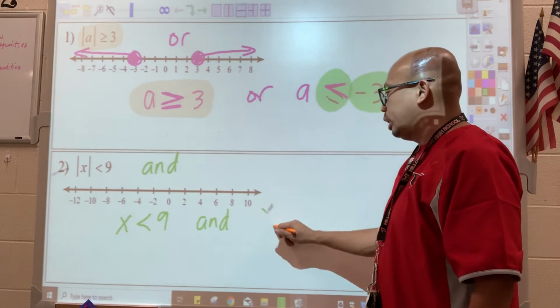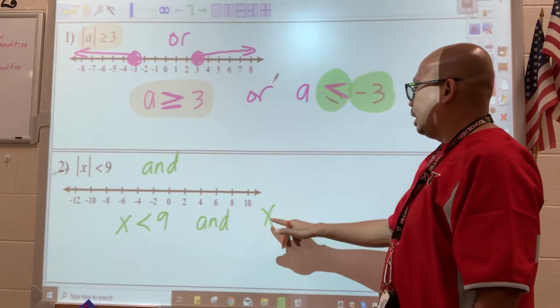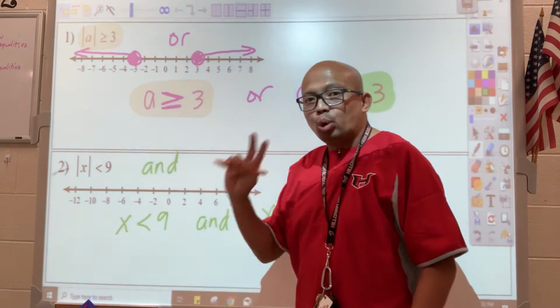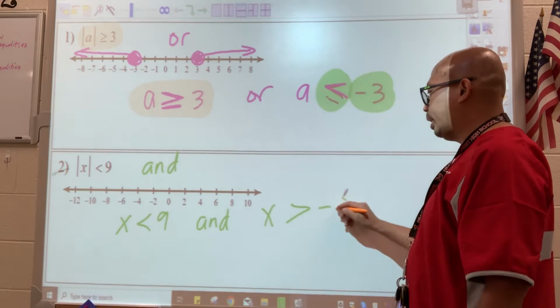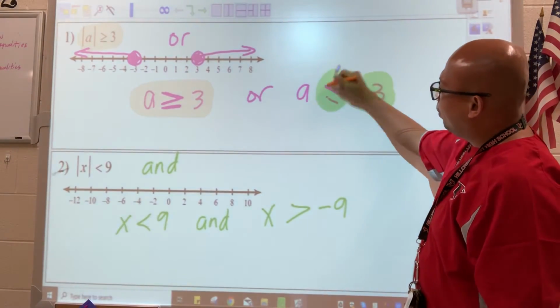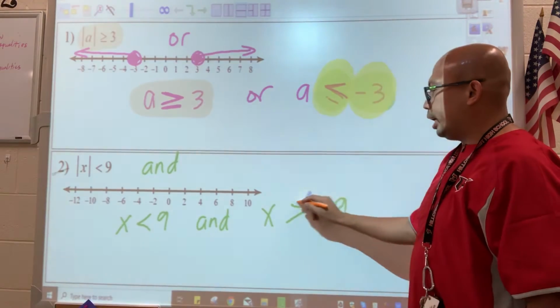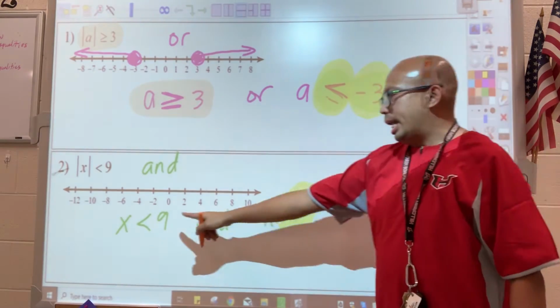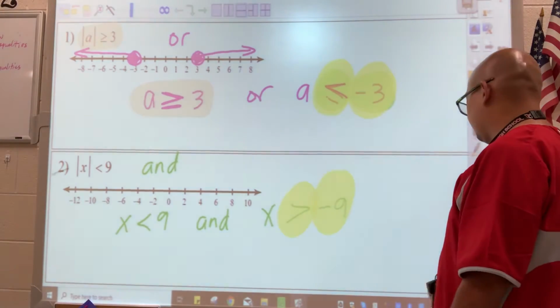I will also do the same thing as what I did in number 1. I copy x here, but the inequality will flip and make this negative 9. If you notice, same thing with number 1, I flip the inequality and then I flip its sign. Same here. I flip the less than to become greater and make it negative 9.